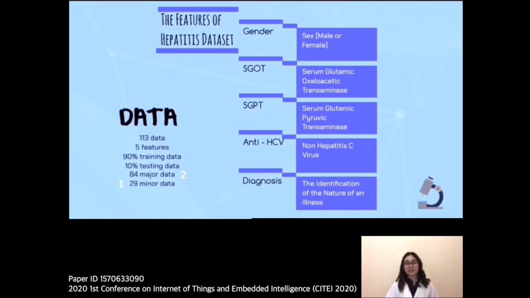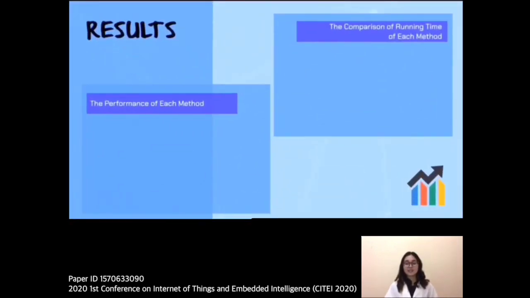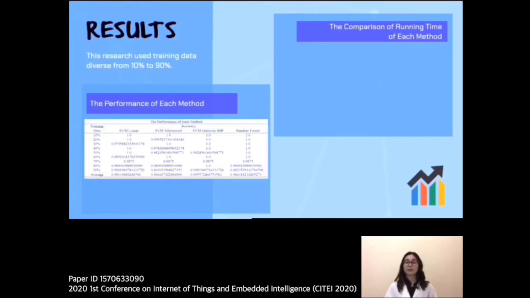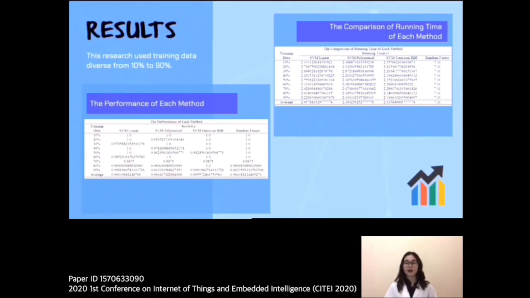Second, our result. This research used training data varying from 10% to 90%. There are two tables that show the accuracy performance of the entire methods used and the comparison of running time of each method.